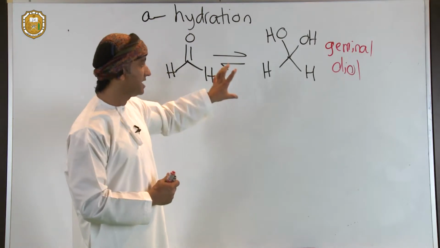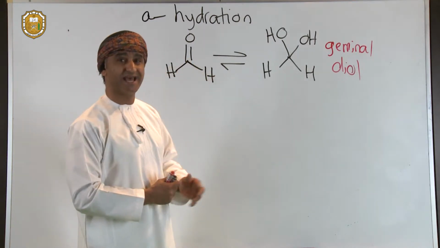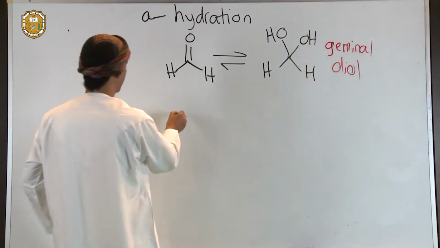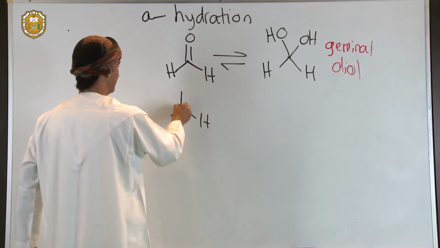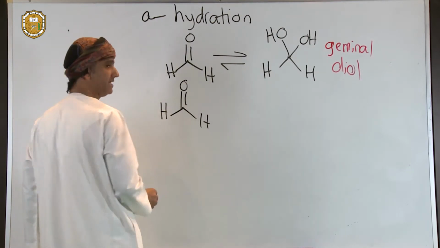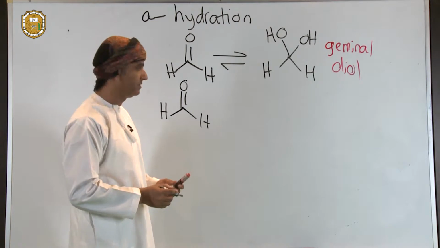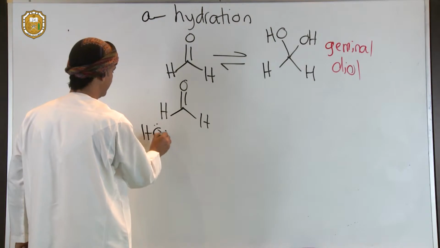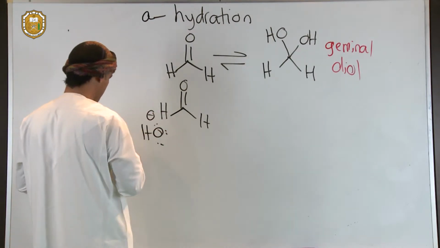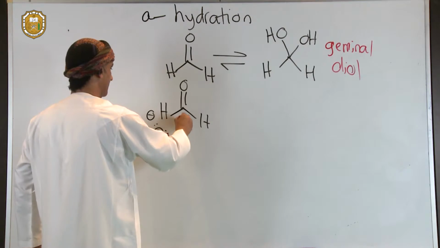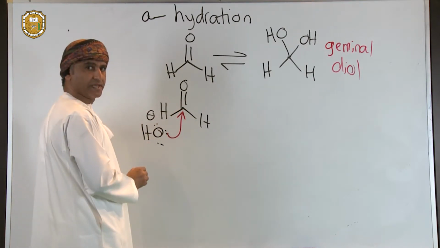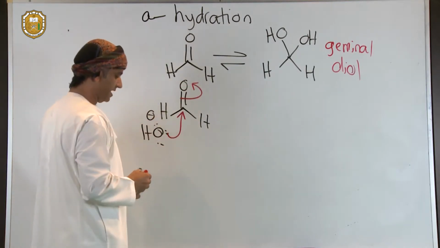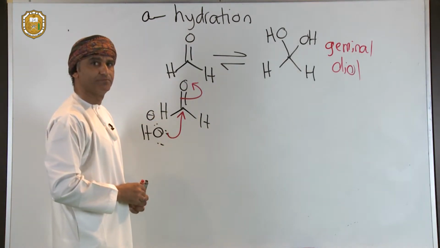Now, this hydration reaction can actually be catalyzed by an acid or a base. So if we take formaldehyde, a base such as the hydroxide ion, for example, can attack. So that's the hydroxide ion, which can come and attack carbon of formaldehyde, and this carbon-oxygen double bond simultaneously breaks.